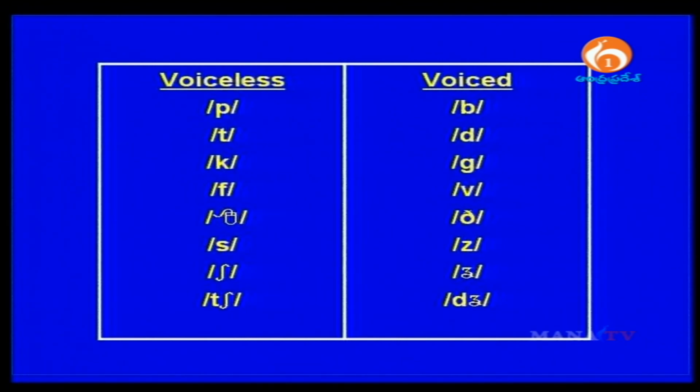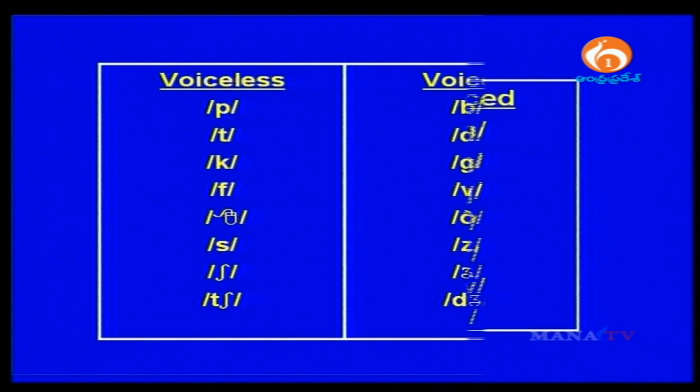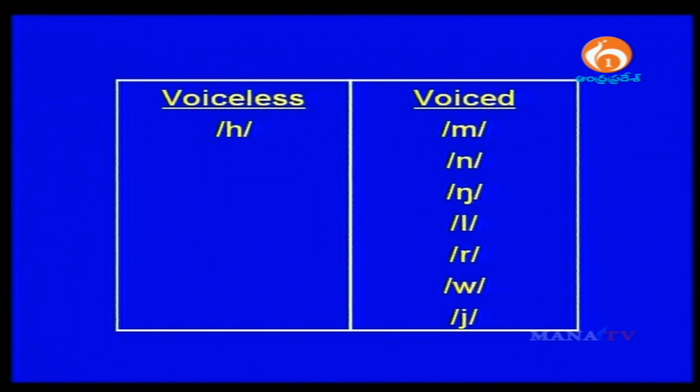Among the voiced sounds, you have b, d, g, v, th, z, zh, and j. On the next slide, among voiced sounds: m, n, ng, l, r, w, and y. That seems pretty simple, isn't it?